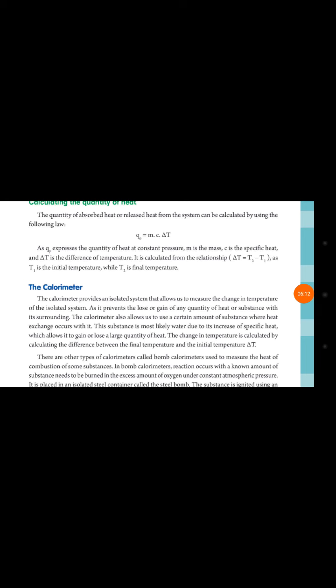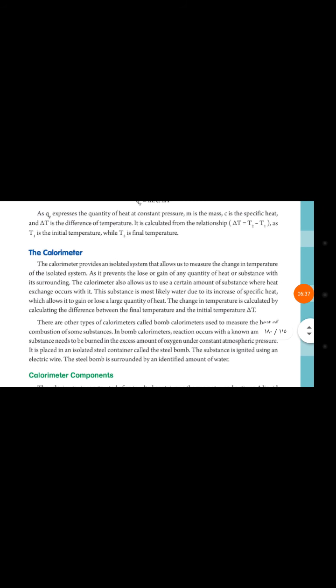The calorimeter allows us to use a certain amount of substance where heat exchange takes place with it. This substance is most likely water. Why water? Because of its high specific heat, which allows it to gain or lose a large quantity of heat.